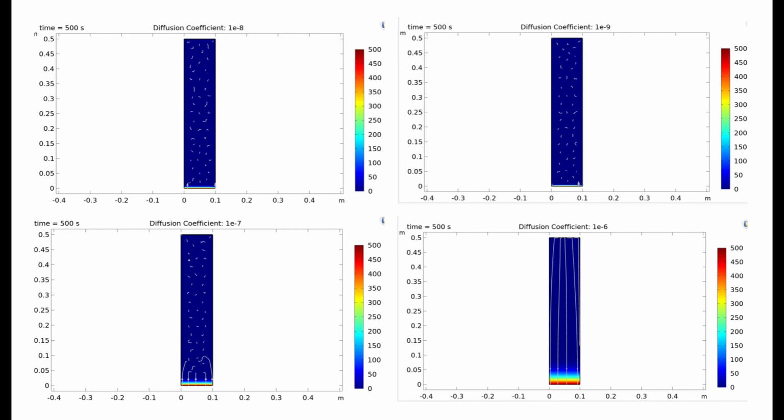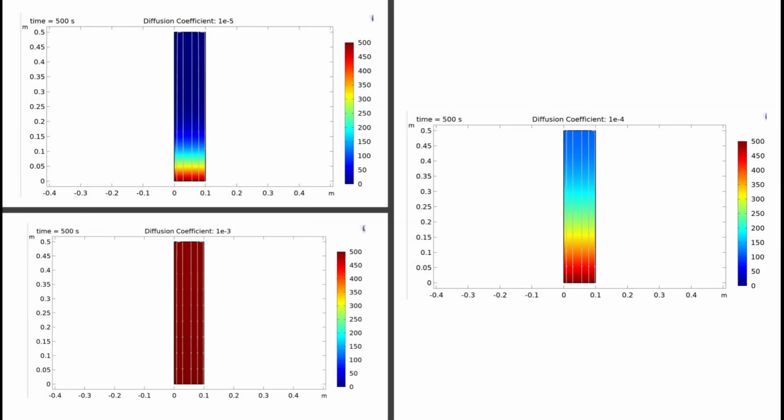The smaller diffusion coefficients, like 1e-9 and 1e-8 meters squared per second, do not show any significant concentration gradient, whereas 1e-5 and 1e-4 meters squared per second show more extensive diffusion. 1e-3 shows the 2D area as completely full of the starting concentration of 500 moles per meter cubed. Overall, these COMSOL simulations show the impact that diffusion coefficients have on the diffusion into the ambient air.